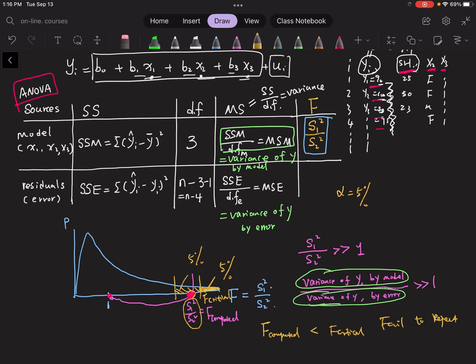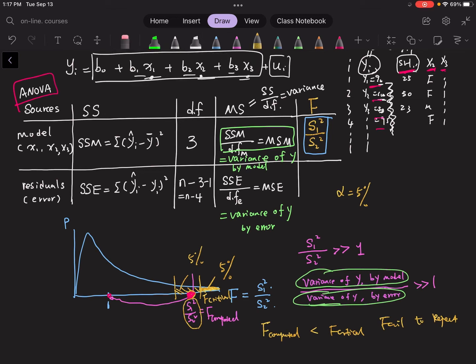If the numerator is statistically significantly greater than the denominator, that means the model explains a significant amount of variance of y, i.e., this is a useful model, because your purpose is to explain the variation in y. By using this model, a significant amount of variance of y can be explained. So this is a useful model.